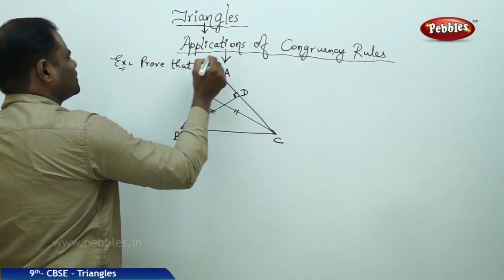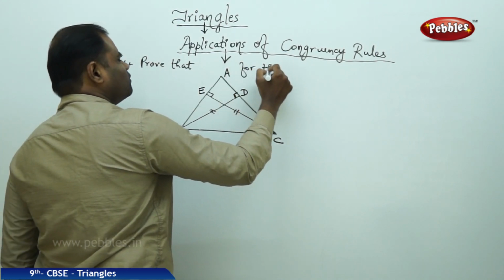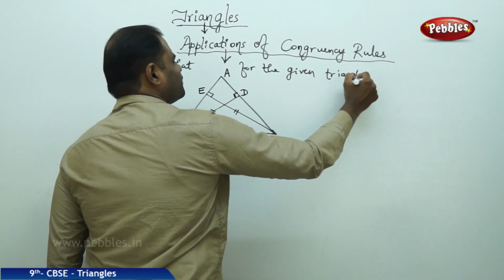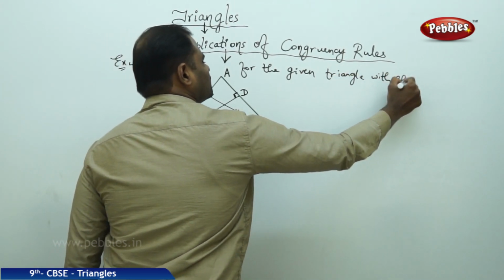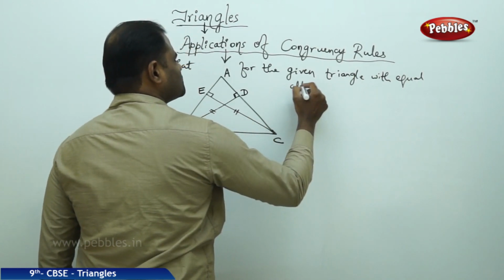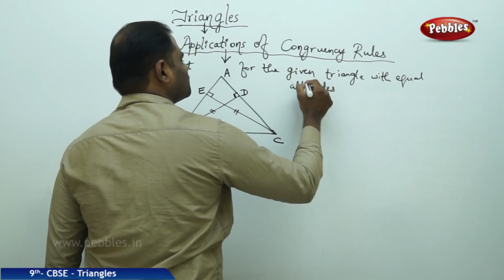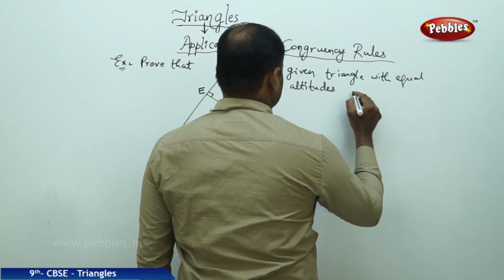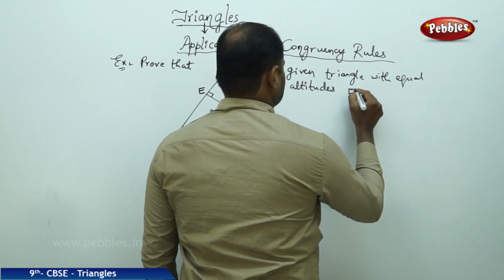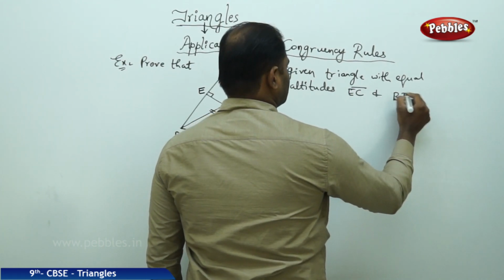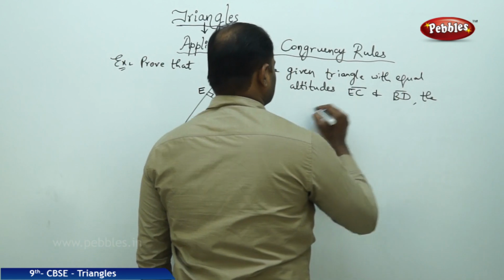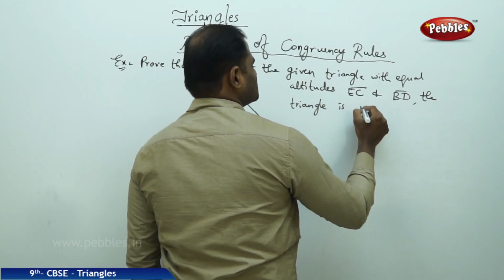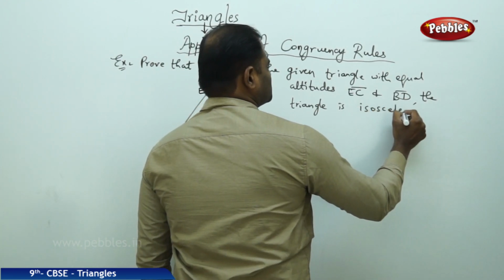Prove that for the given triangle with equal altitudes, EC and BD, the triangle is isosceles.